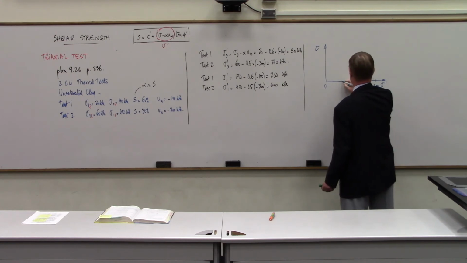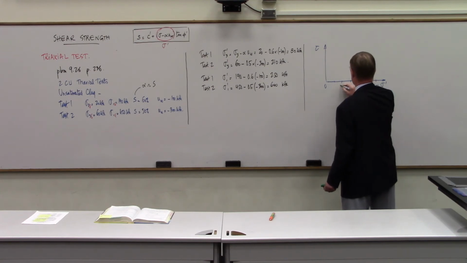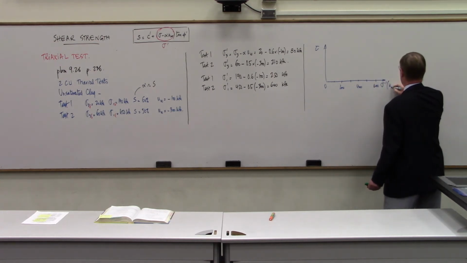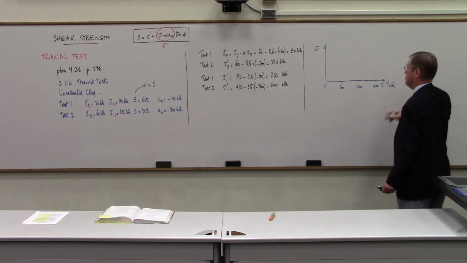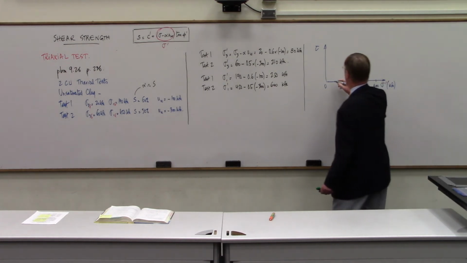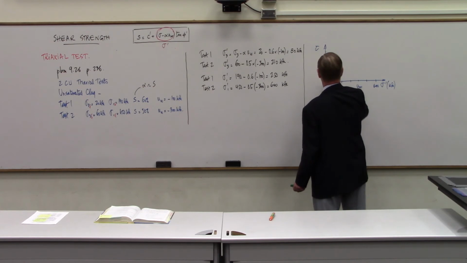So 200, 400, 600, sigma prime in kPa. Always label the axes and put the units on it. Again, you have to have the same scale on the vertical axis, 0, 200, 400, with tau in kPa.